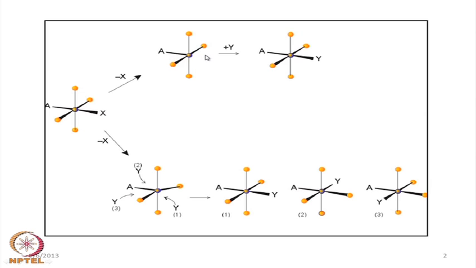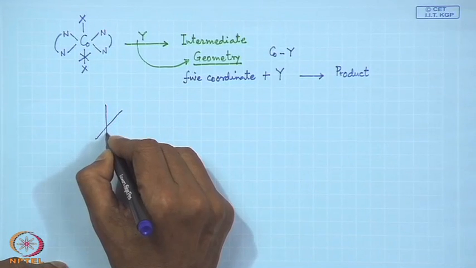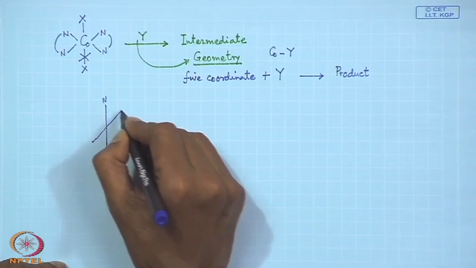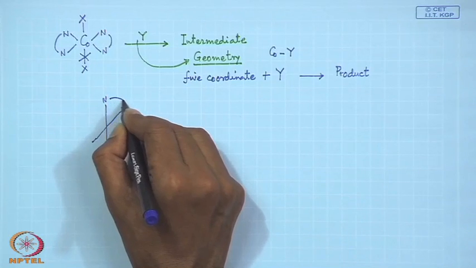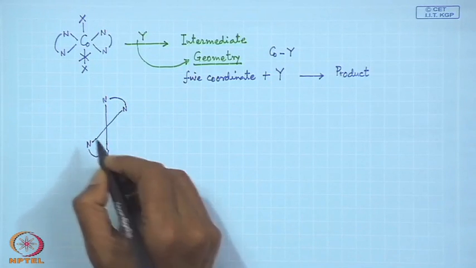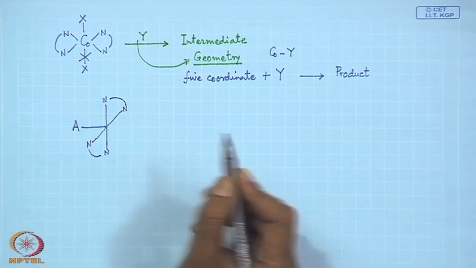But when it is not happening, that means this particular square plane, that means the cobalt N4 plane. So, when we have these, we basically see that this is the thing where we have these two nitrogens forming one such chelation, and this one is our A.